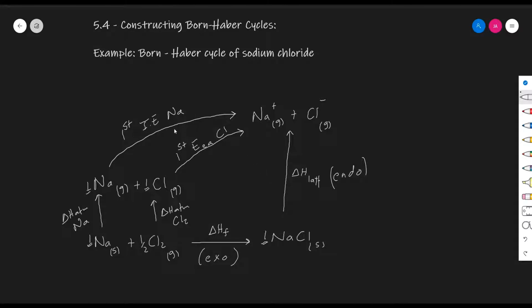Any missing value I can calculate, but to calculate the lattice enthalpy of NaCl when having all these values is easy, since we would have to move from this end of the arrow to this end of the arrow through the cycle, and thus we would move through the cycle in this direction, adding all processes involved.